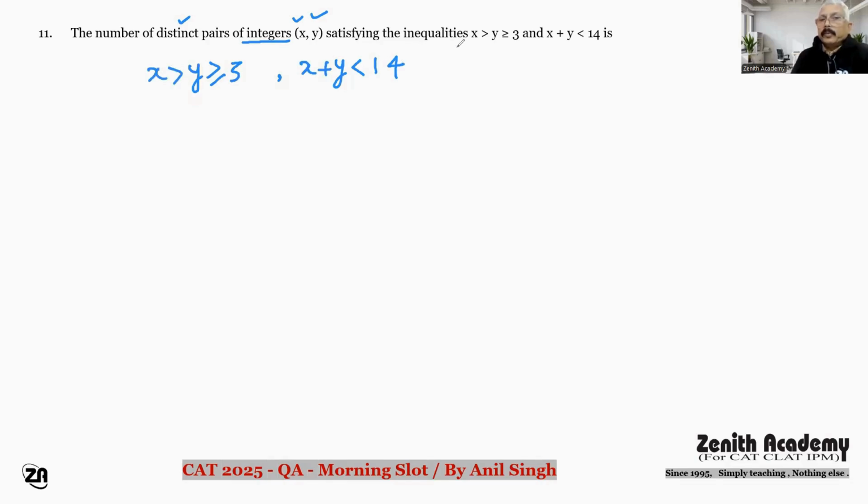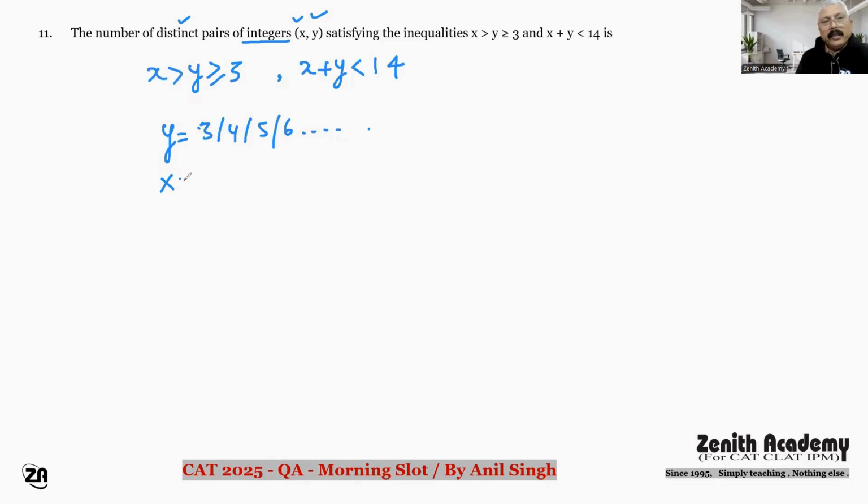So y is greater than or equal to 3, which means y can be 3 or 4 or 5 or 6 like this. But x depends upon y.